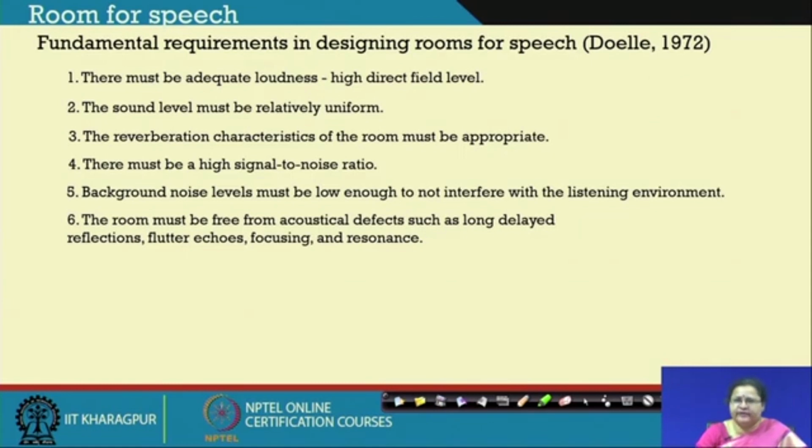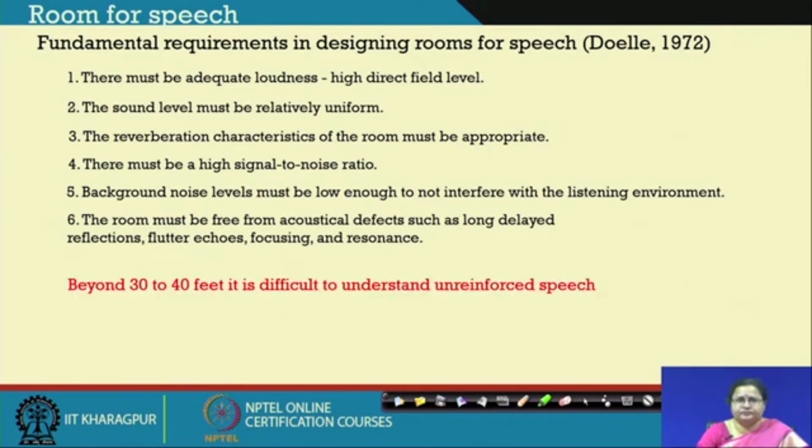If we have very big spaces, then we have to think of long delayed reflections that might cause flutter echoes, echoes and focusing, etc. And we have to keep in mind the component of resonance, that is, the standing wave formation, and how to trap it; those were discussed at length while we were doing acoustical absorbers.